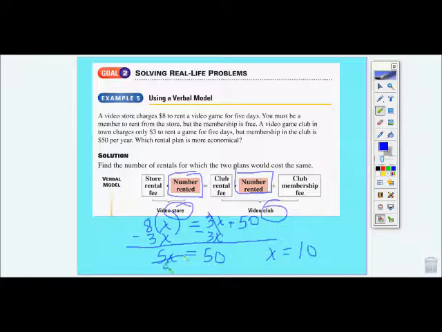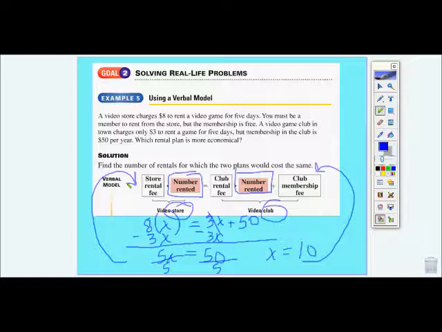See if I can squeeze that in there. So when we get to the 10, if you rent more than 10, the club is going to be more economical. But if you rent less than 10, you want to stay with the store rental because your total will be slightly lower.